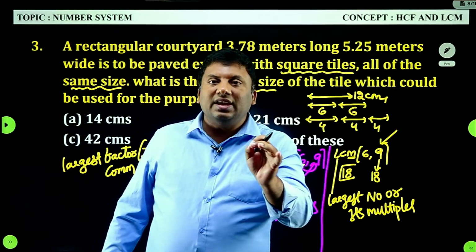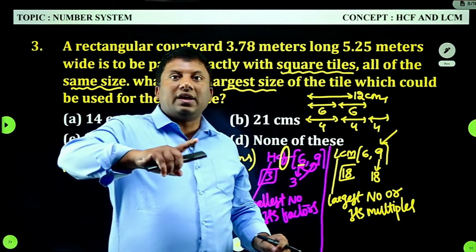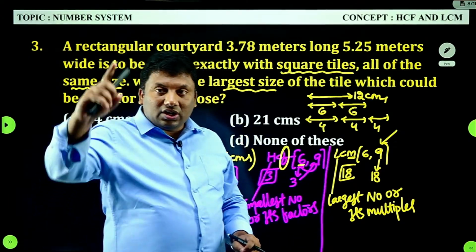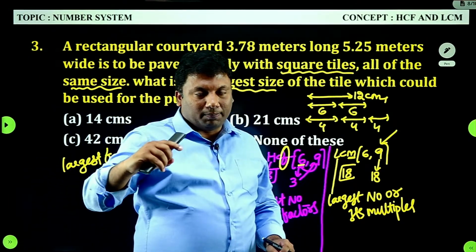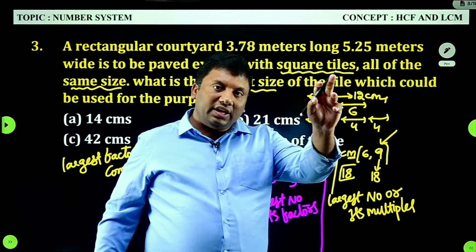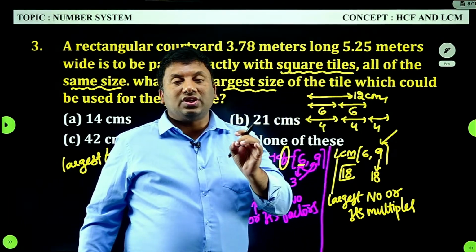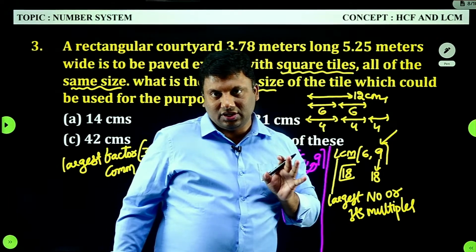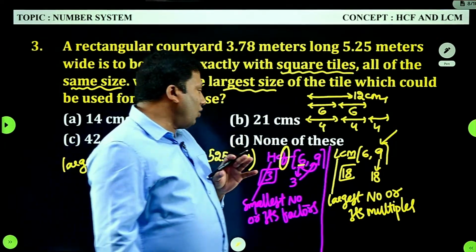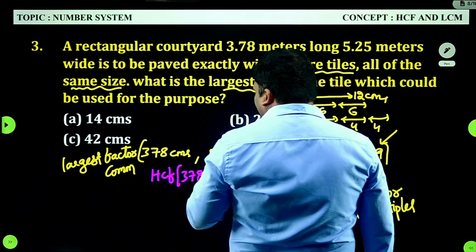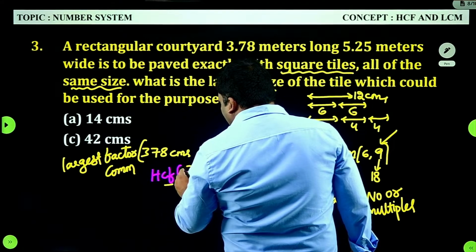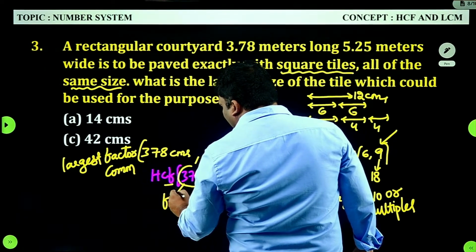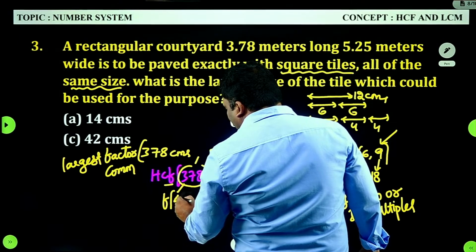Whenever I am doing LCM, my concentration is on the largest number or its multiples. Whenever I am doing HCF, my concentration is on the smallest number or its factors. I hope the idea is clear. I am finding HCF. Answer, I should take 368 or factors of 368.